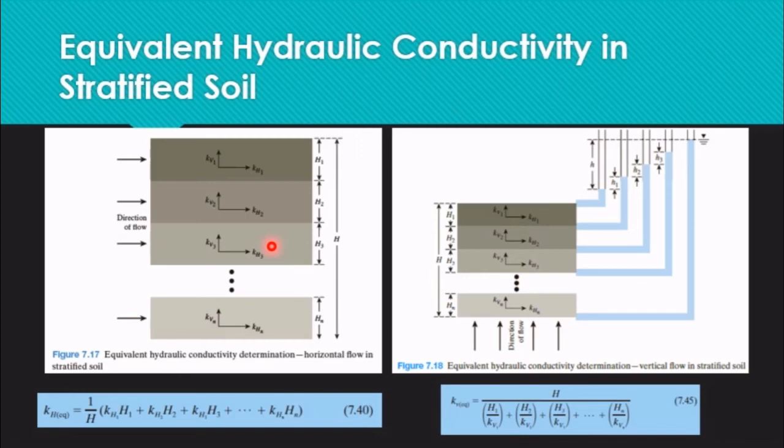Bakit? Kasi pag nagsaksak ka ng piezometer dito, sa part na to, yung head na makukuha mo ay equal sa lahat ng layer. Okay? So, equal. Pero yung value ng q or ng velocity, hindi equal. So, iba yung velocity dito, iba yung velocity dito, or yung discharge velocity.